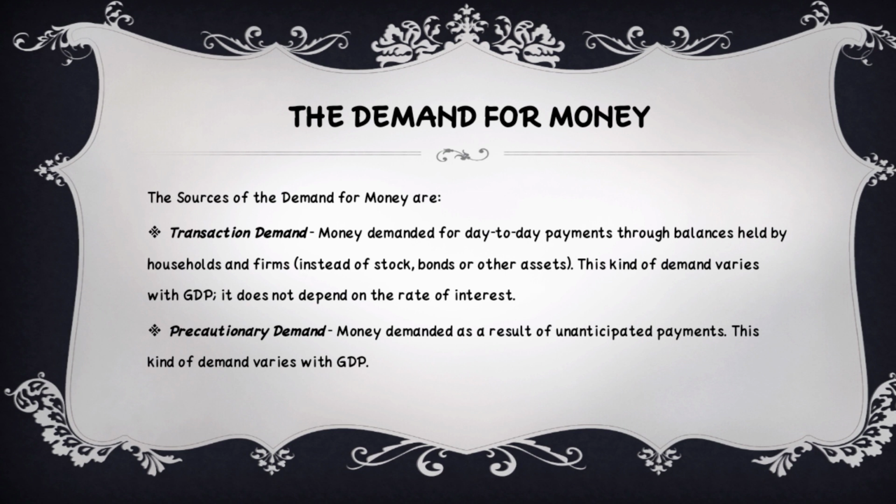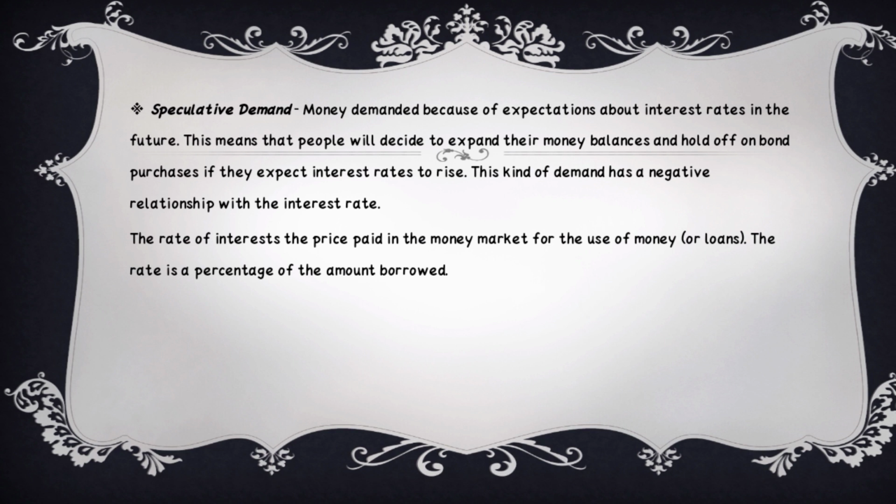And this precautionary demand means making careful decisions. And last is speculative demand. Money demanded because of expectations about interest rates in the future. This means that people will decide to expand their money balances and hold off on bond purchases if they expect interest rates to rise.